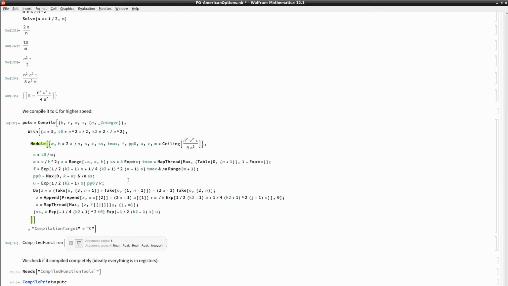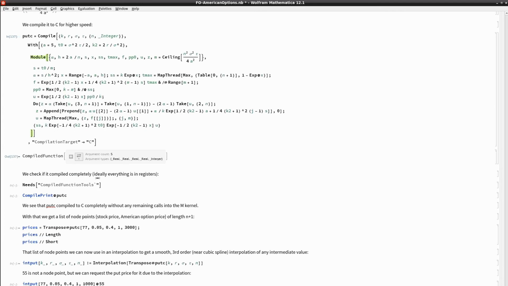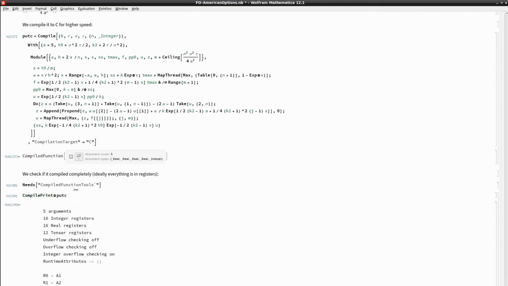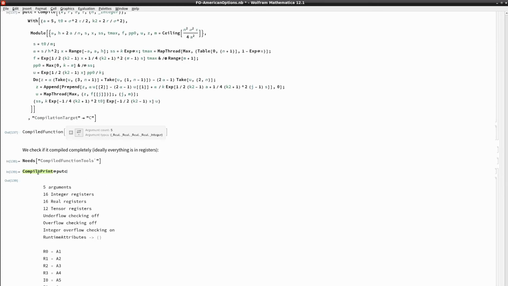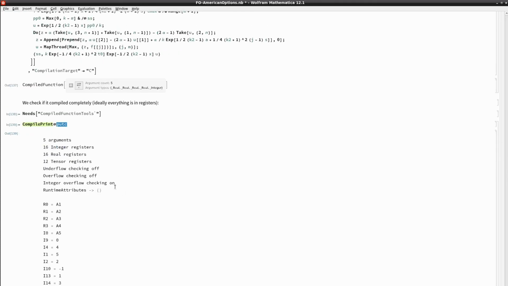So we compile this expression, and I want to make sure we understand that it really compiles completely into machine code. We can do that with the CompiledFunctionTools, and then with CompilePrint on our compiled put expression, we can check if we have really good machine code.